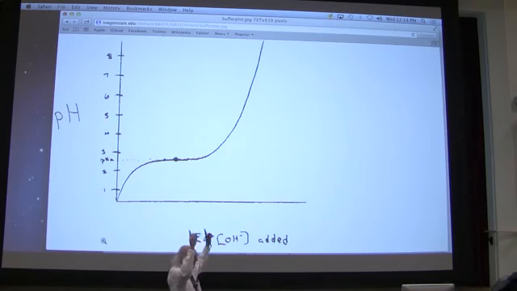High, right? There's a lot of protons in there if that pH is 0. That's where my titration plot started. A ton of protons in there. I start removing protons by adding hydroxide. How would I add hydroxide? Well, I would add a strong base, sodium hydroxide.